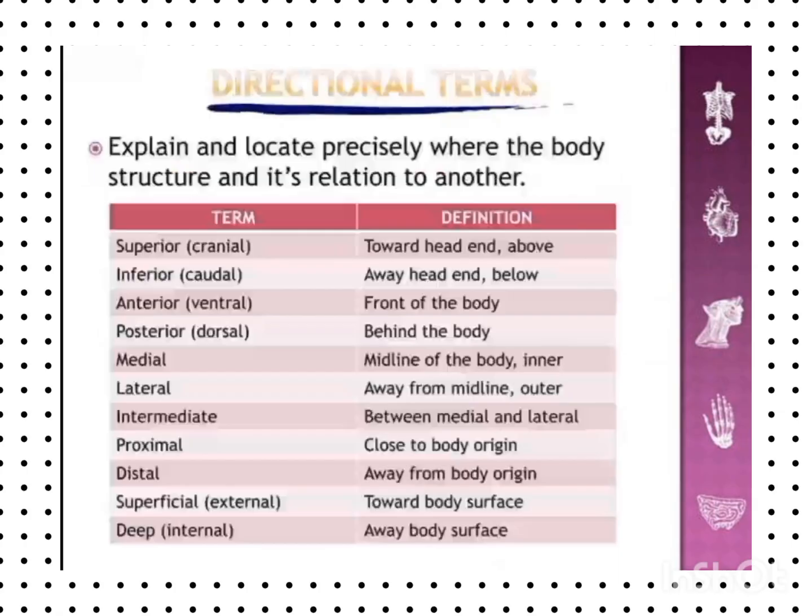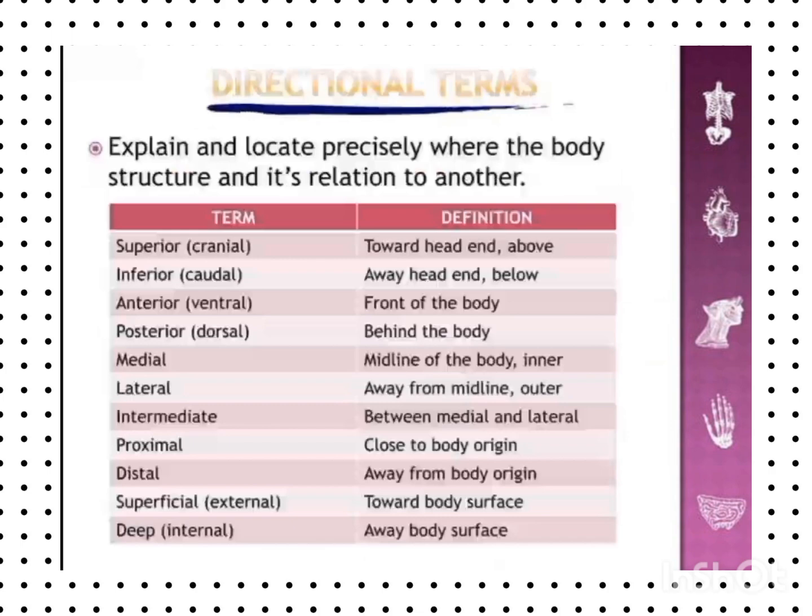The next one is the body planes and sections, where we have the sagittal plane, which is the vertical plane that divides the body into right and left. The sagittal plane that cuts exactly in the middle is called the mid-sagittal, or median plane. A sagittal plane offset from the midline is called the parasagittal plane.